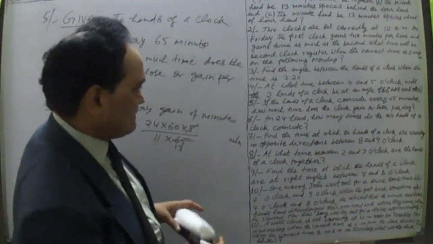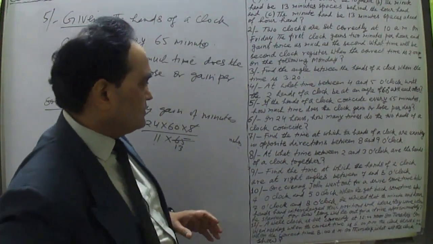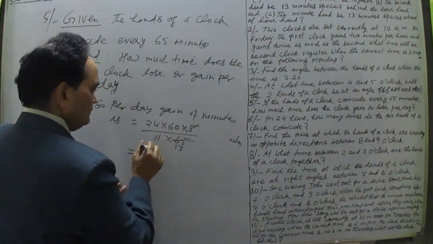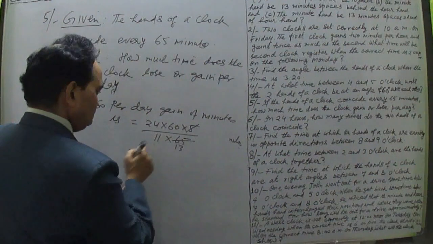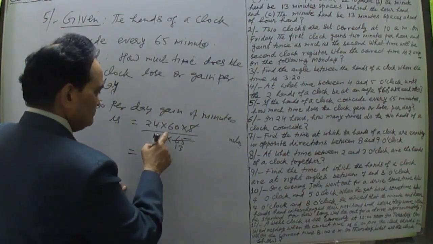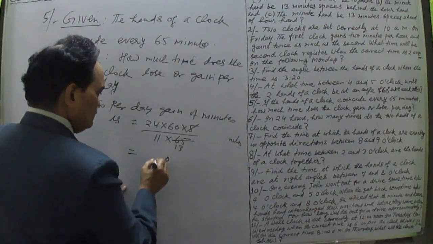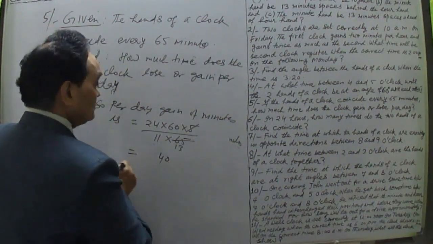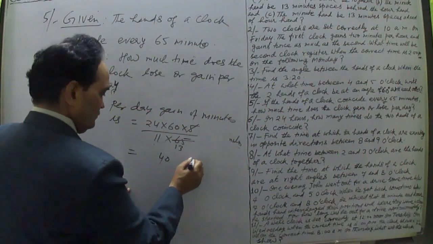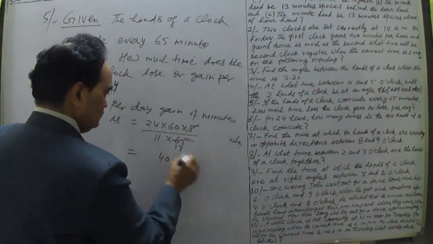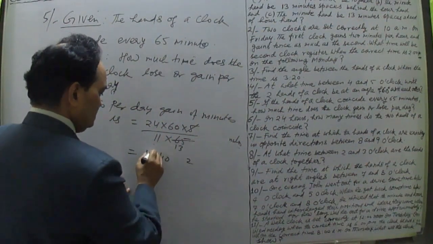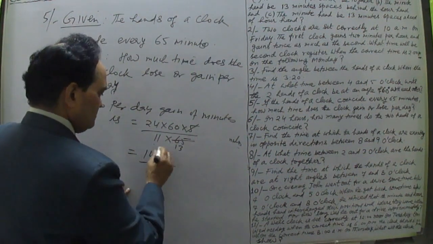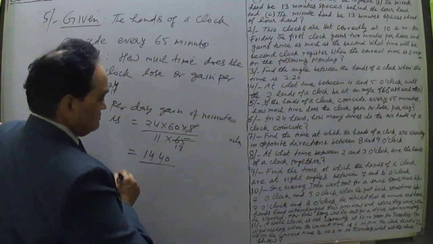So what is it? This is the clock gain or loss per day. Okay, so we have just found out this is gain here. 24 into 60, 1440, divide by 13 and 11.